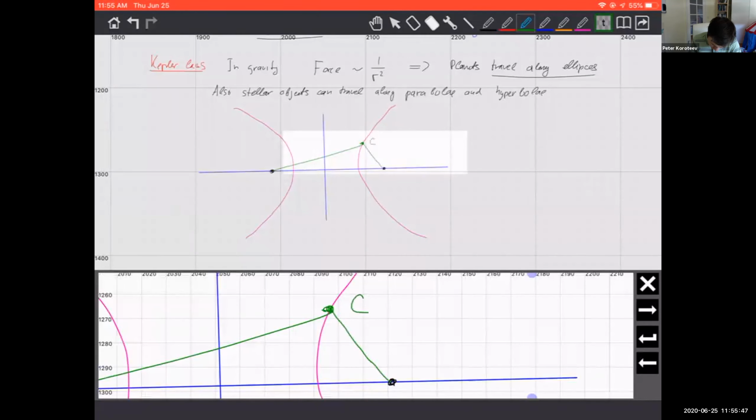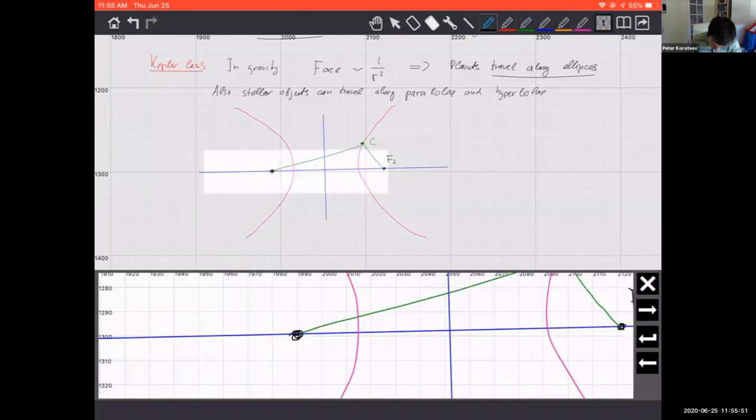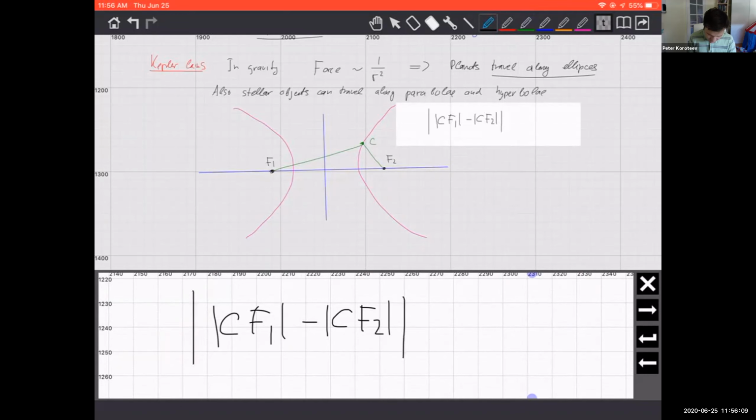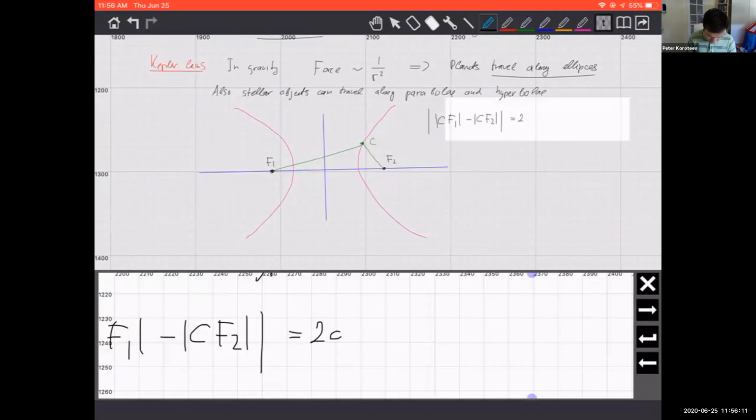Call the point C. If you look at CF1 minus CF2, depending on which side of the hyperbola you are, this difference can be either positive or negative. That's why we take the absolute value, which is equal to a constant, 2a.